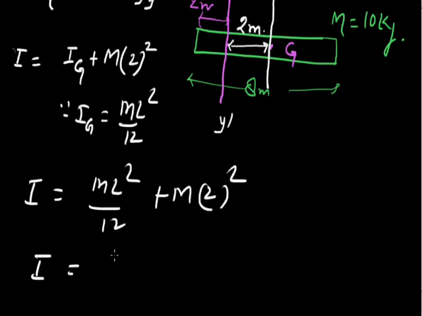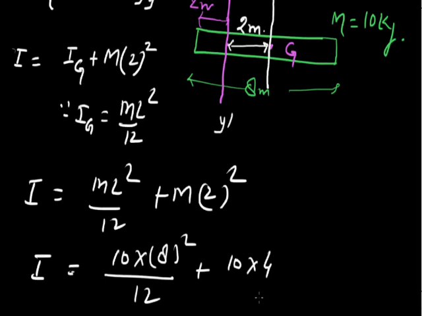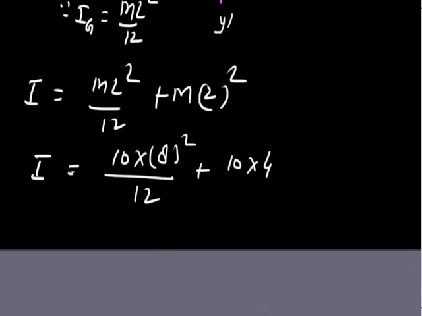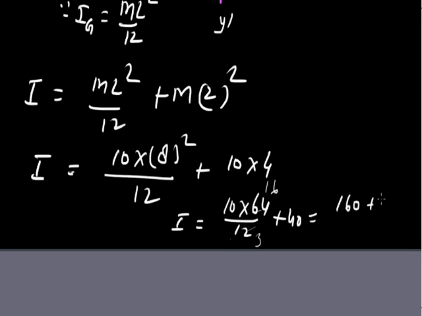On putting these values, m is 10 kilogram, L is 8 meter, divided by 12, plus 10 into 4. That's I will be 10 into 64 divided by 12 plus 40, that's 160 plus 120 divided by 3.